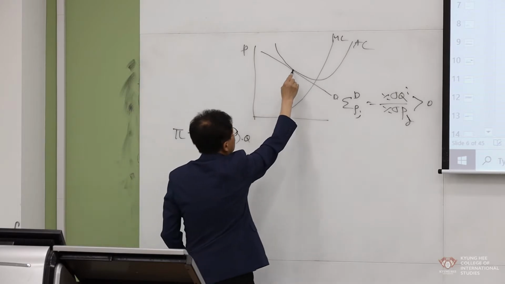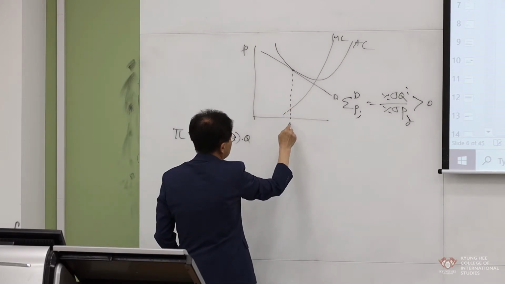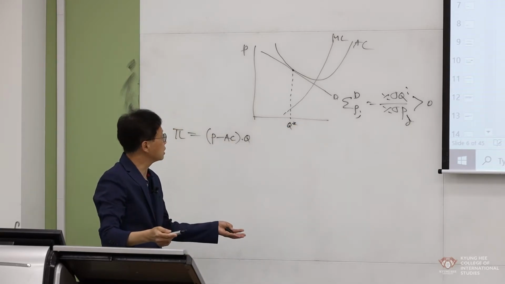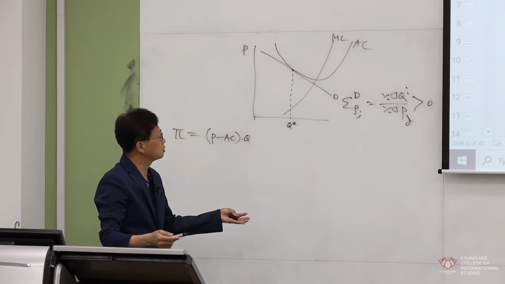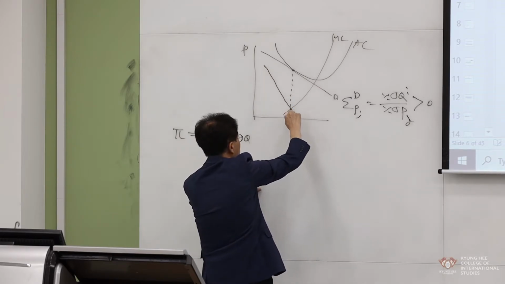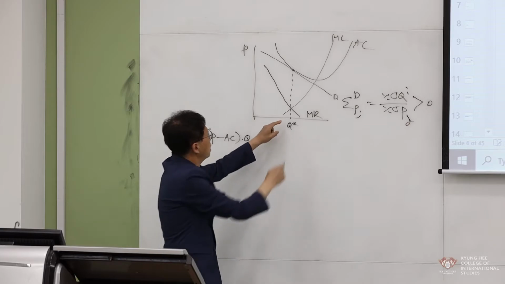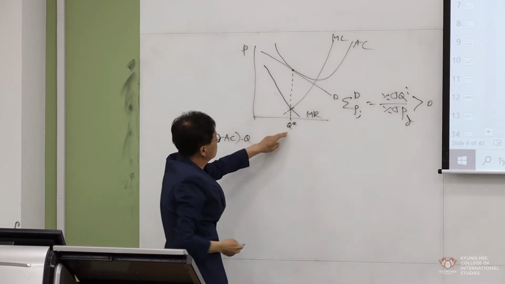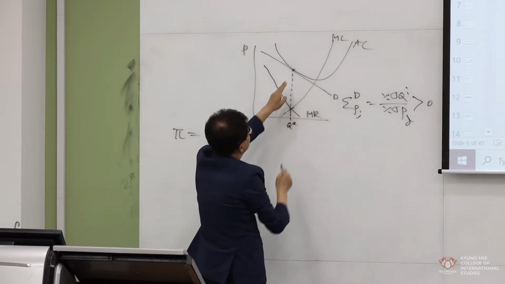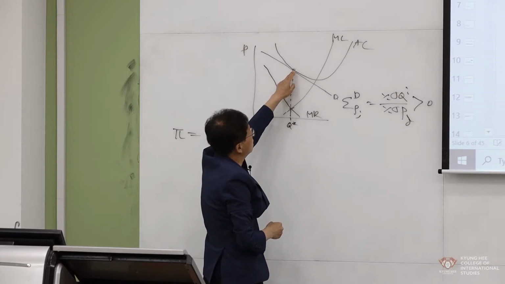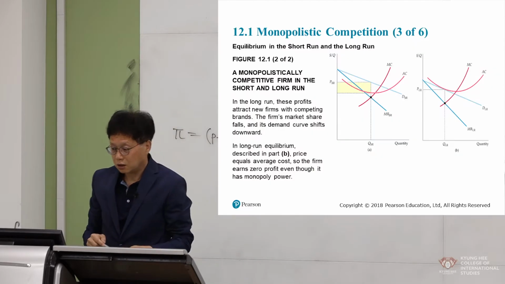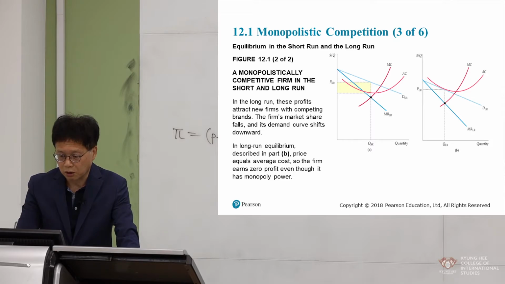So this forms long-run profit equal to zero when the company produces this amount, Q star, right? And the profit maximization condition is that marginal cost is equal to marginal revenue. So marginal revenue should be like this. Then marginal revenue is equal to marginal cost when this firm produces Q star. When it produces Q star, price, the demand, is equal to average cost, right? So profit should be equal to zero in the long run. That is panel B of figure 12.1.